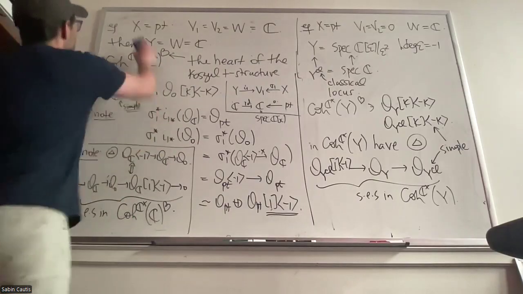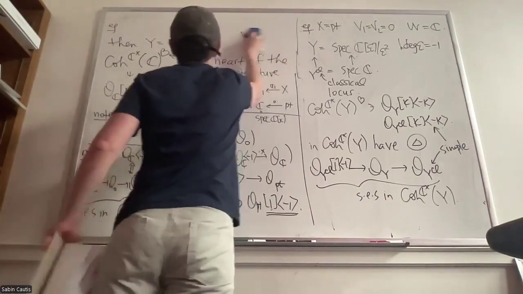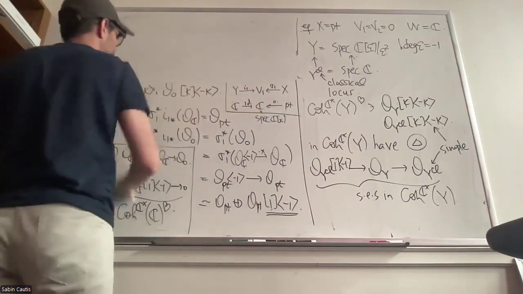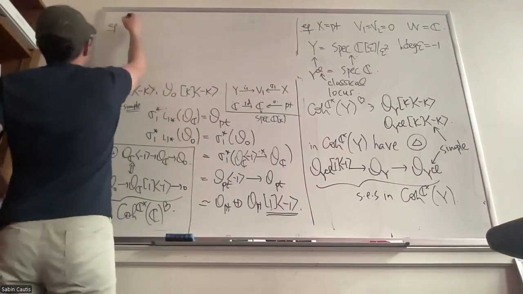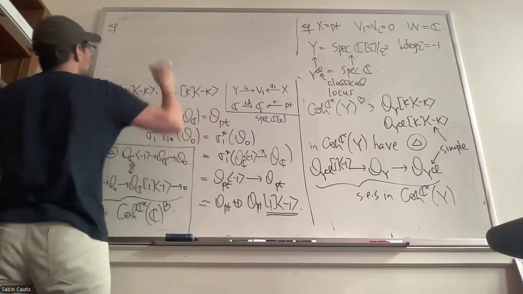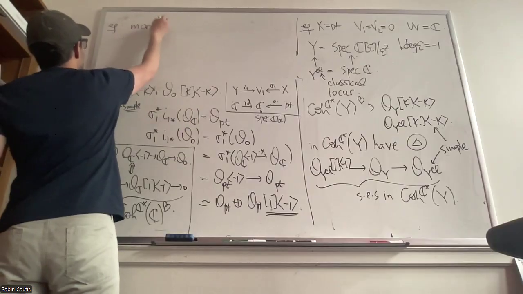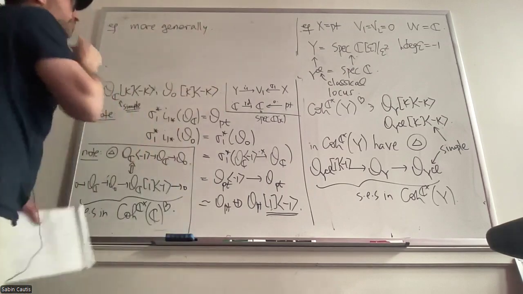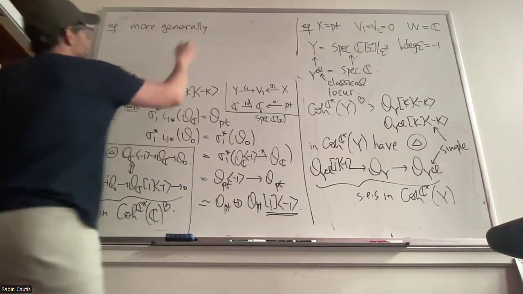And if you combine them, let me just say, because what's the most general thing you can say at the level of vector spaces? So if you combine these two examples, more generally, let's take x to be a point.